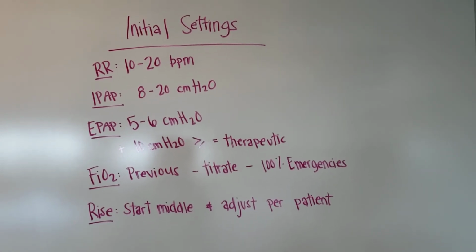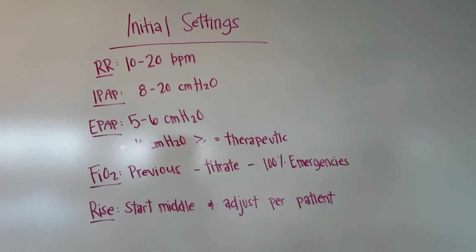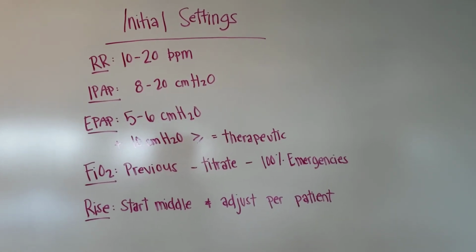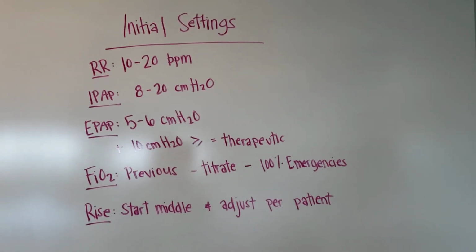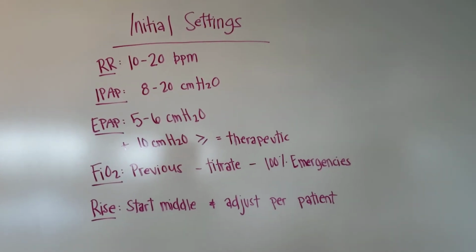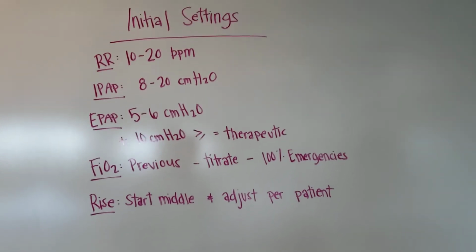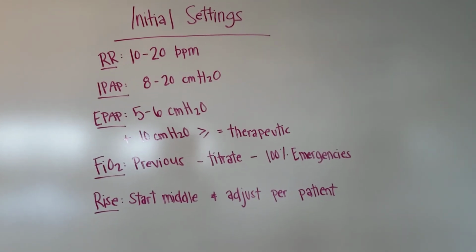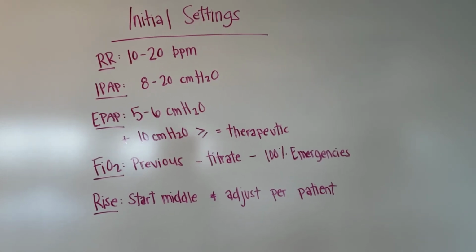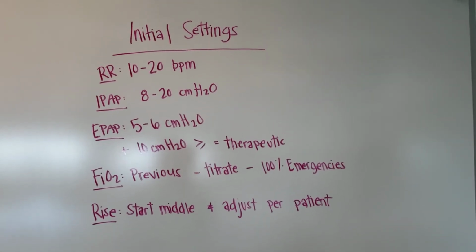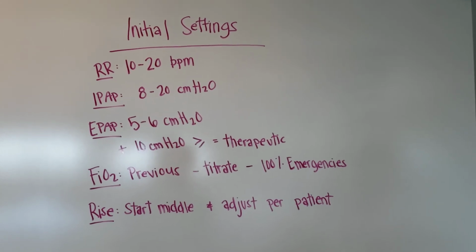It decreases trauma, it decreases infection, and just any risk to the patient that comes from intubation, such as hypoxia or trauma to the airway. DNI orders, if you have a patient in respiratory distress that does not want to be intubated, but you can support their ventilation, BiPAP's a great option.